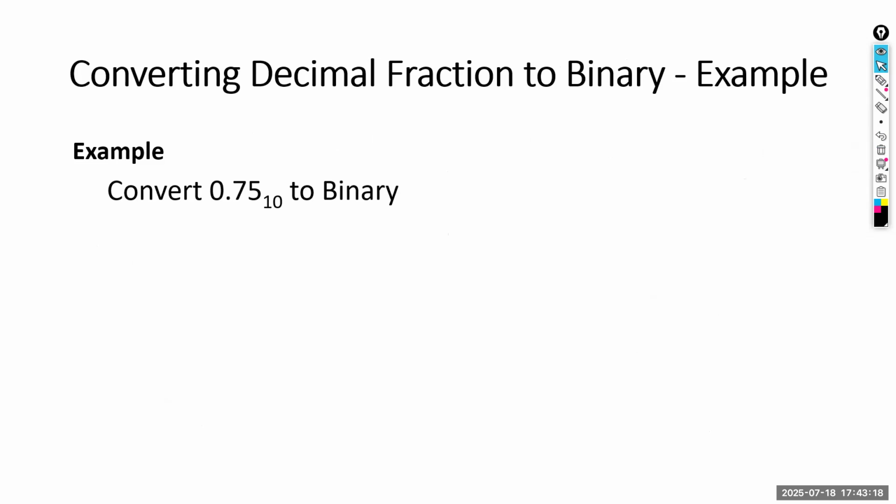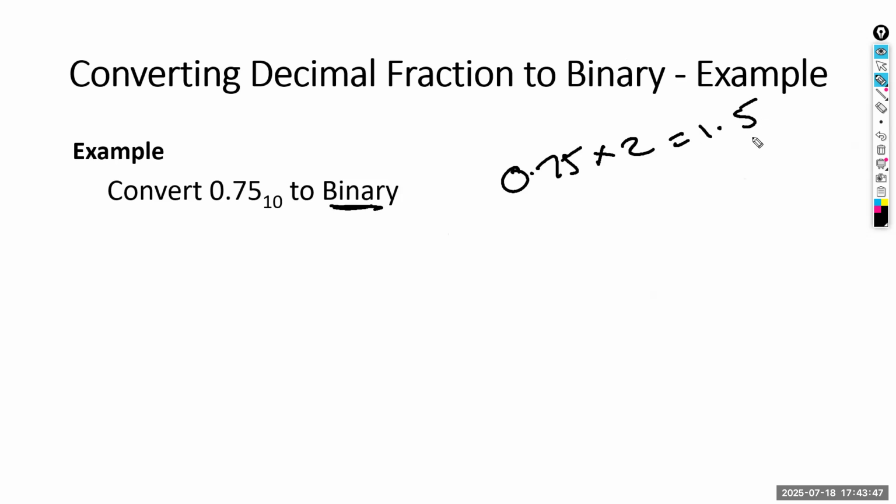Say this is my denary fraction, 0.75. I want to convert it to a binary fraction. This is how you do it. You keep multiplying by 2, and you take only the decimal part. 0.75 times 2 is 1.5.